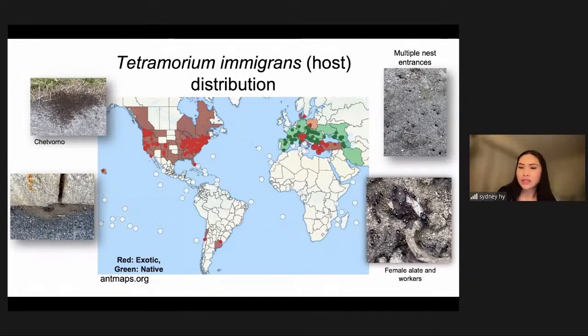They're also monogynous, so they have a single queen, which actually may leave them more susceptible to parasitism. You can even see that in some parts of Europe, Tetramorium immigrans is considered introduced, and it's also introduced in parts of South America. With increasing urbanization, this is something to keep note of.